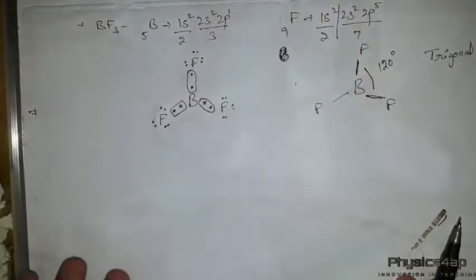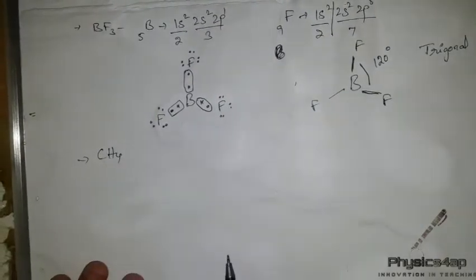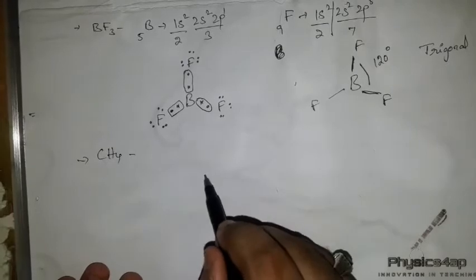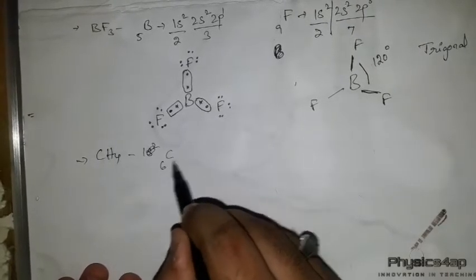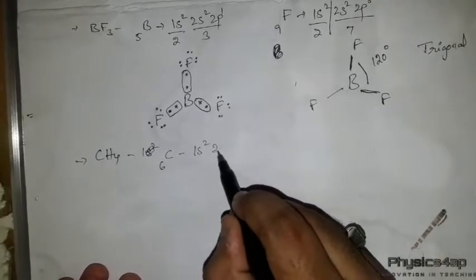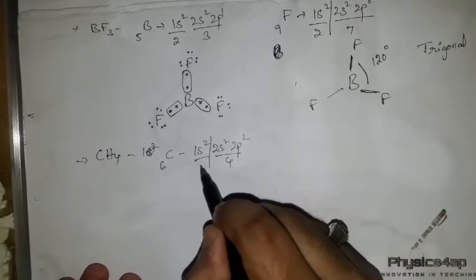Now another example: CH4, methane. Carbon has atomic number 6, 1s2, 2s2, 2p2, so it has 4 electrons in its outermost orbit.